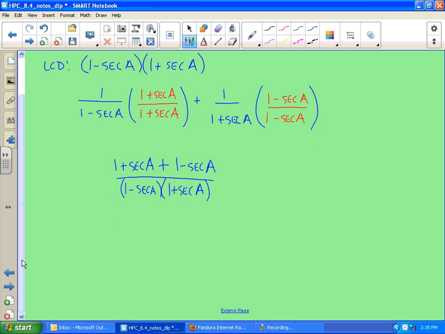Well, look what happens with some of our numerator values. We have a secant a and a negative secant a. They cancel each other, end up with a 2 on the top. We have 2 over a 1 minus secant a and a 1 plus a secant a is a difference of two squares, which could be expanded into a 1 minus secant squared of a.